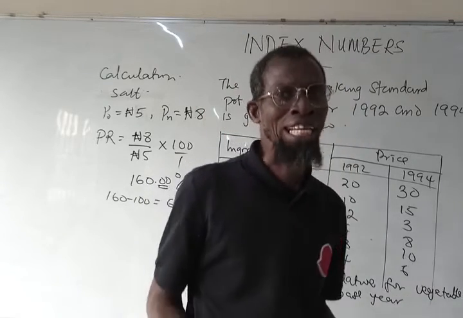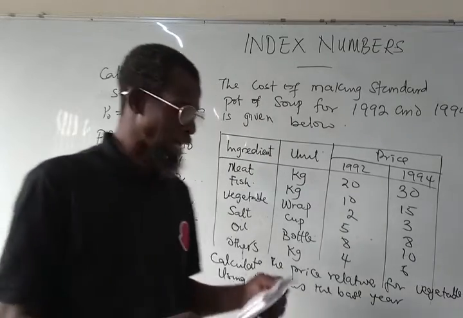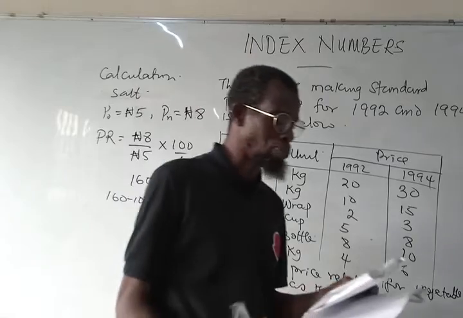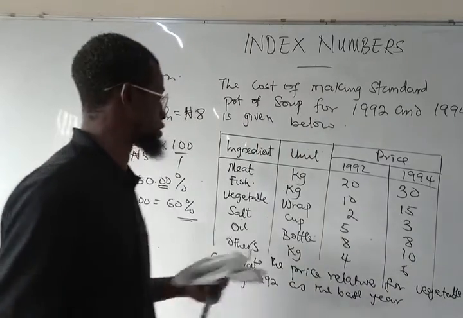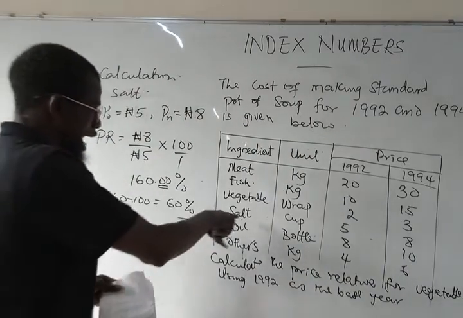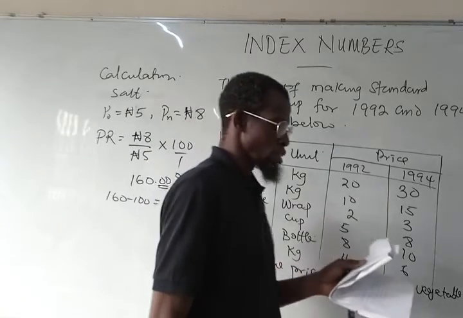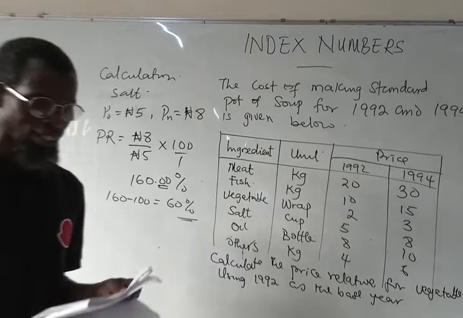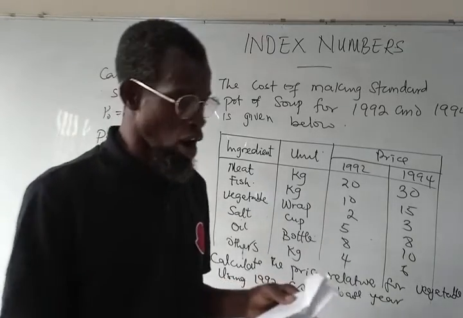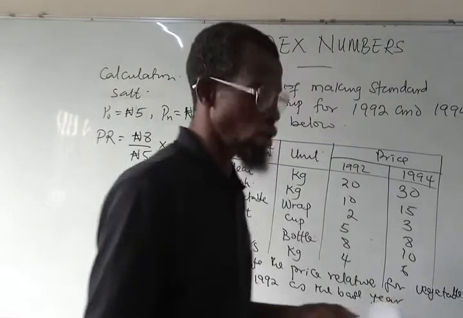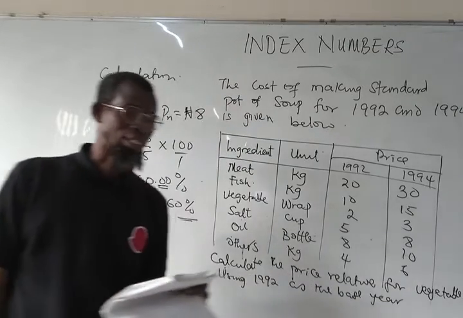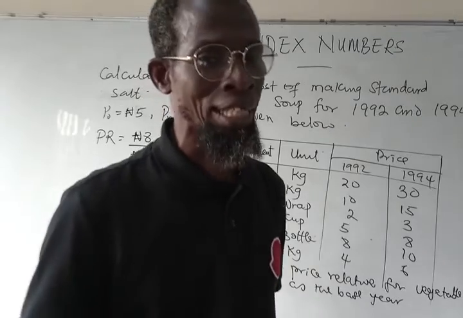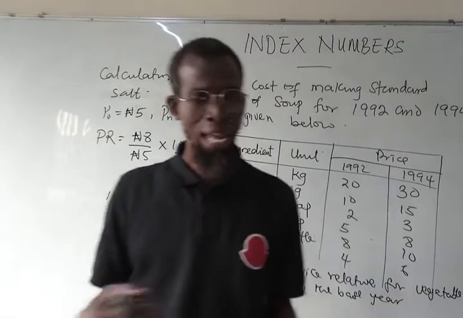So I said I will give the further interpretation. The interpretation of this is that the results show that the price of a rack of vegetable has increased by 50%, while a cup of salt has increased by 60% between the year 1992 and 1994.